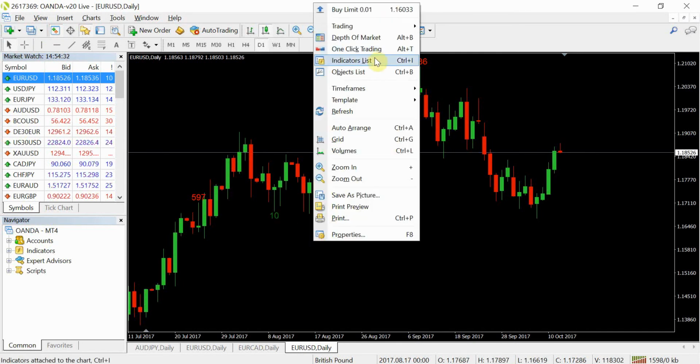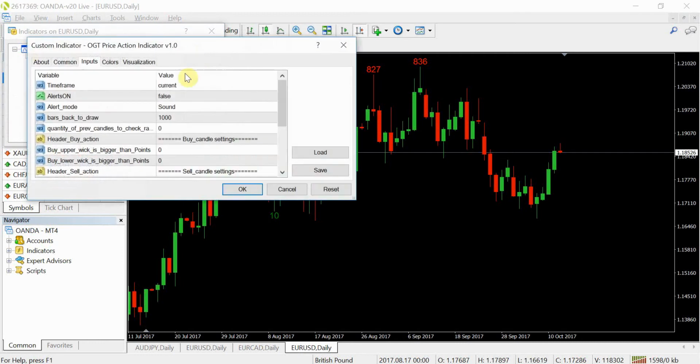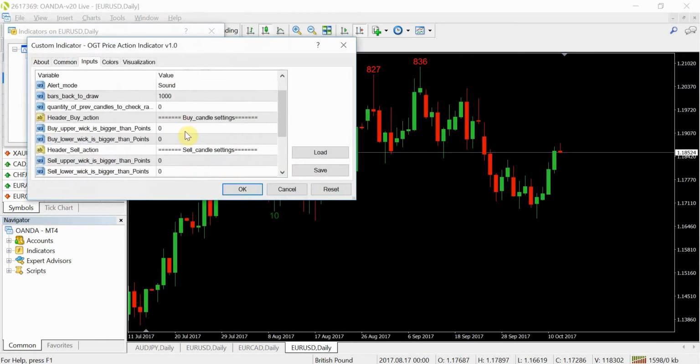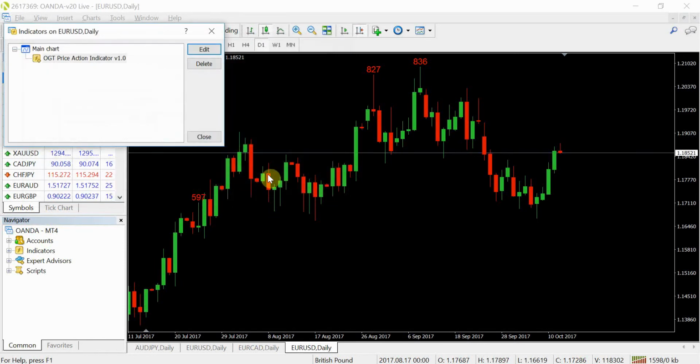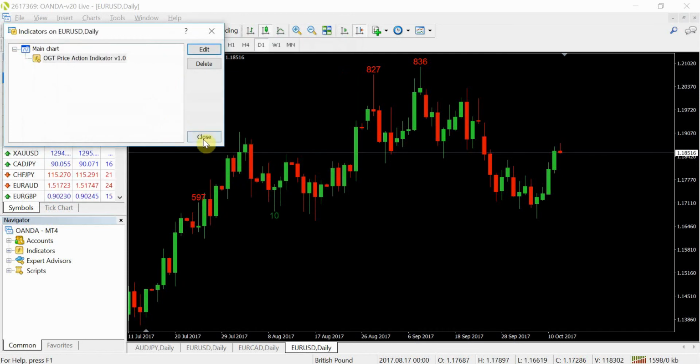So let's just say you're only looking at wicks that are greater than 100 pips. This is a buy signal, lower wick. If I put that to 100 pips, you'll see that that will disappear because the lower wick is not greater than 100 pips. Again, what I like to do is set it up as a minimum to 0.